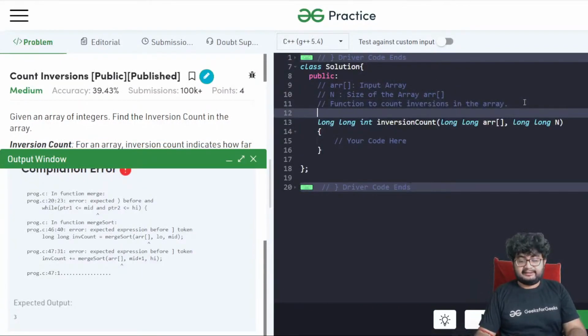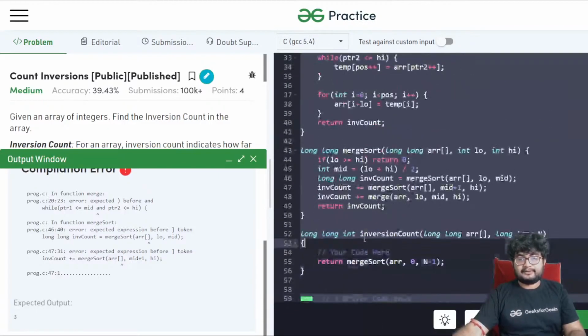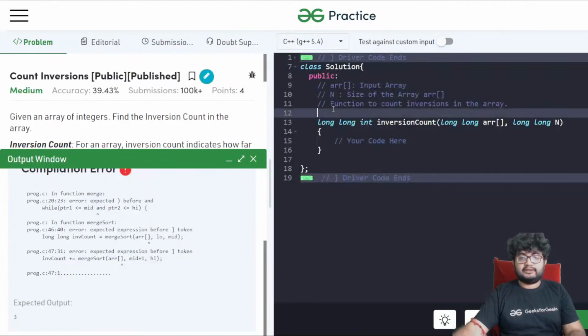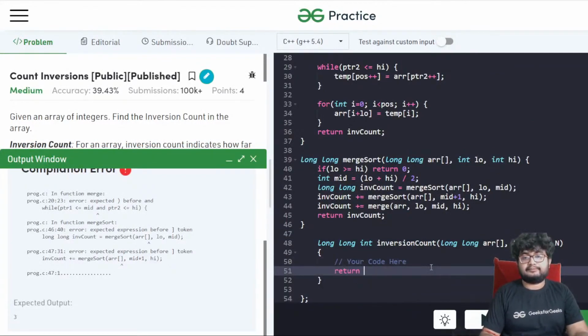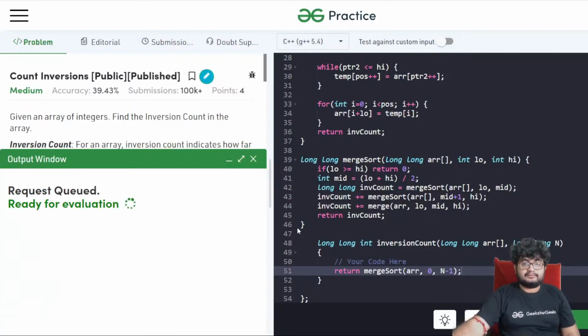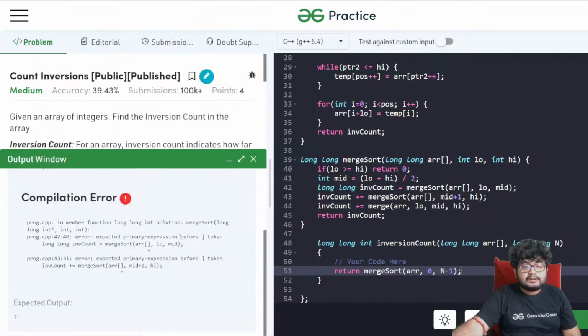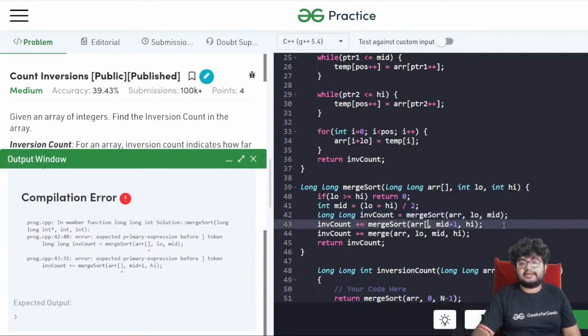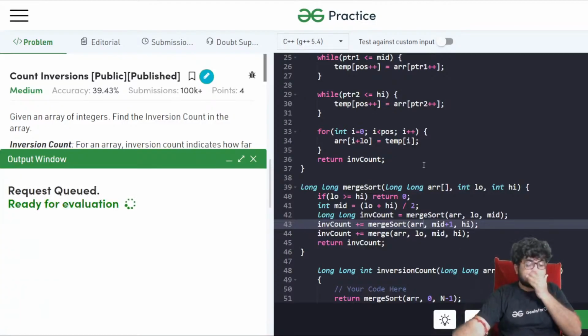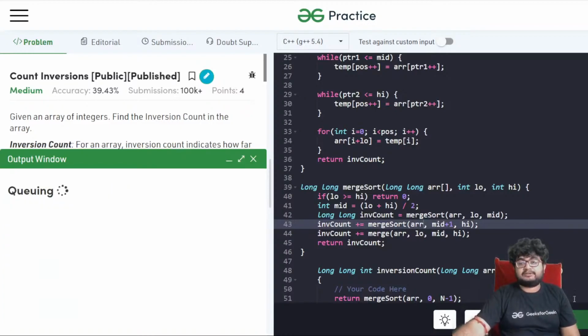Let's write everything here again. Here we have to call merge with ARR low. Okay, our output is expected, so let's submit it.